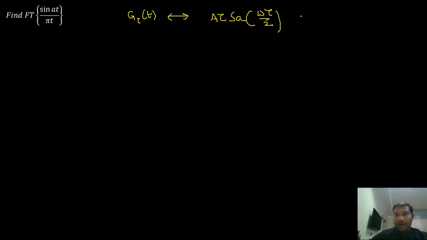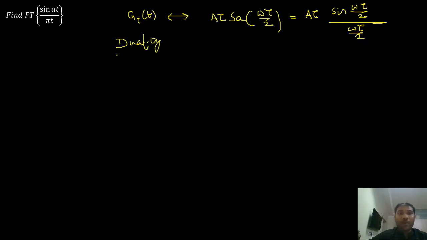Now this one I can write as, what is this? This is nothing but A tau sampling omega tau by 2. That is sin omega tau by 2 divided by omega tau by 2. Now here I'll apply duality. By applying duality property or symmetry property, what will I get?